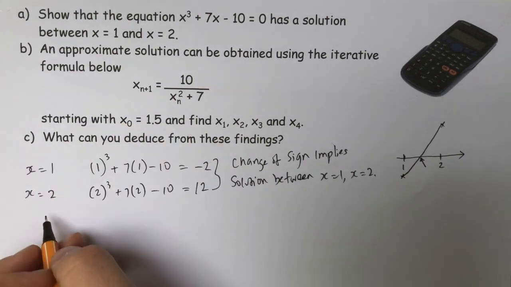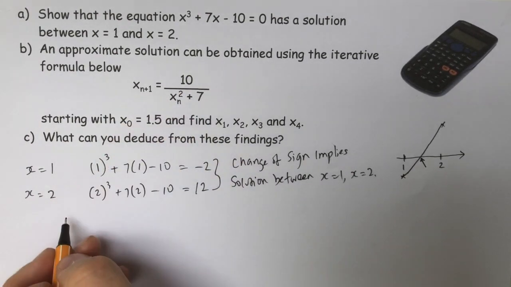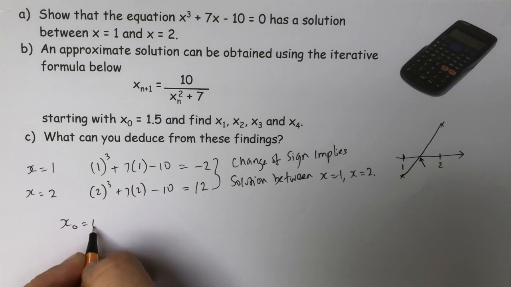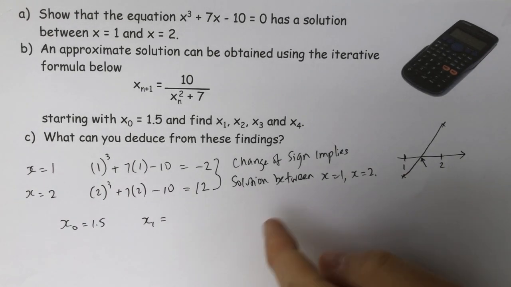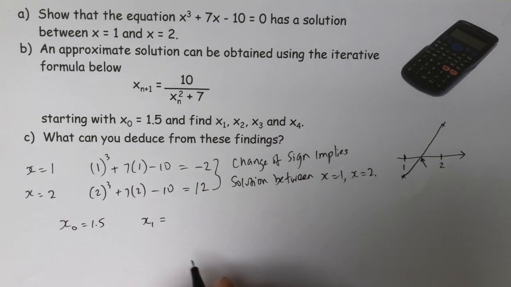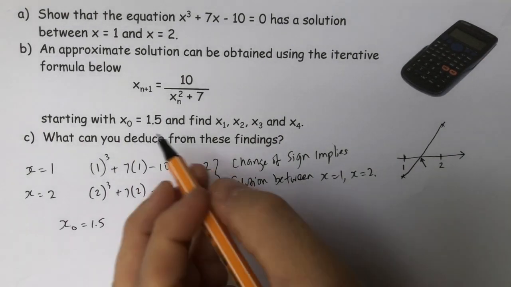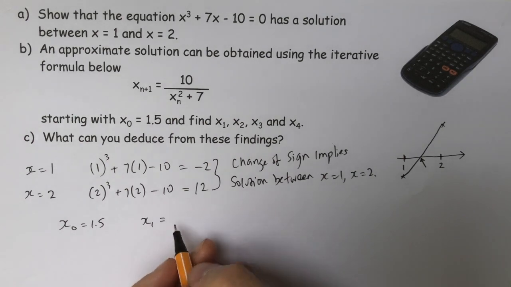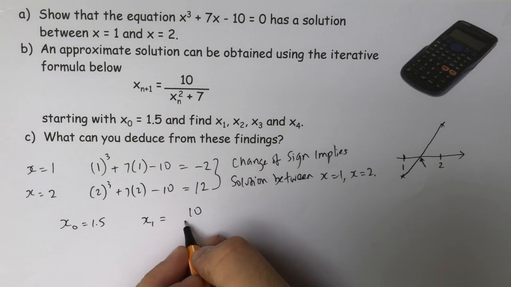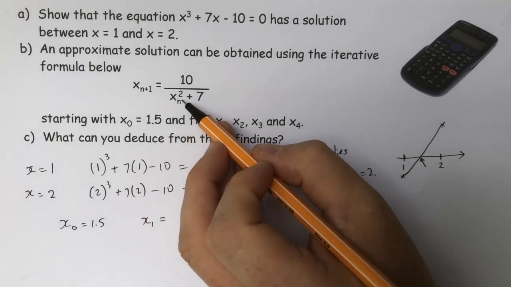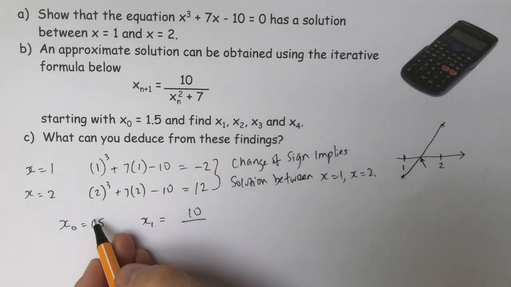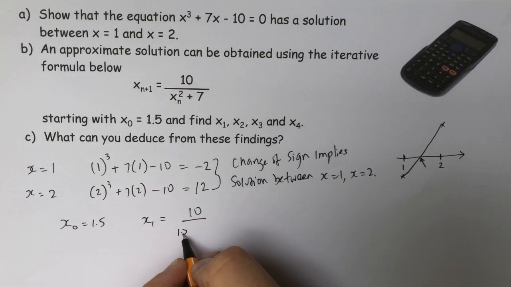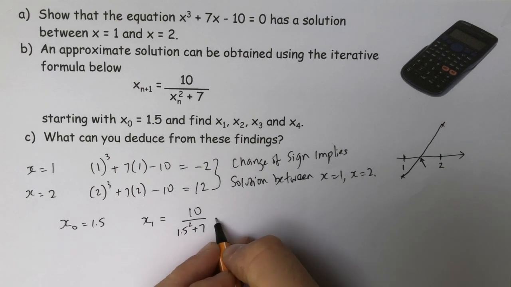Now, using this iterative formula, starting with x0 being 1.5, we're able to establish x1, x2, x3 and x4, again using the calculator. What we need to do to work out x1, we need to type in 10 divided by xn squared, means your last value, which is 1.5 squared, plus 7.